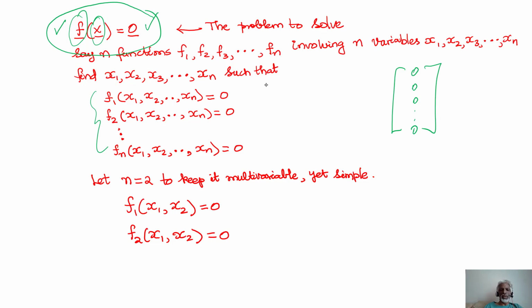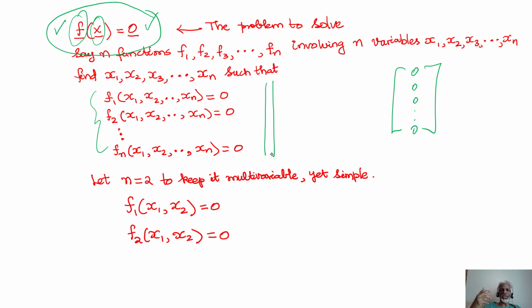In expanded form, it is like this. So you have the n functions in n unknowns, and we are supposed to find out the values of x1, x2, xn such that the right hand sides are all 0. So for example, F1 can come from the mass balance for species 1, F2 can come from the mass balance of species 2, F3 can come from the energy balance of the reactor contents, F4 can come from the energy balance of the jacket that surrounds the reactor and either brings in heat or removes heat from the reactor.